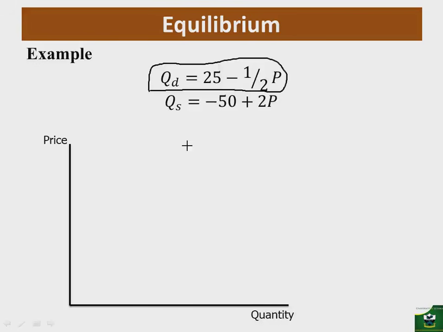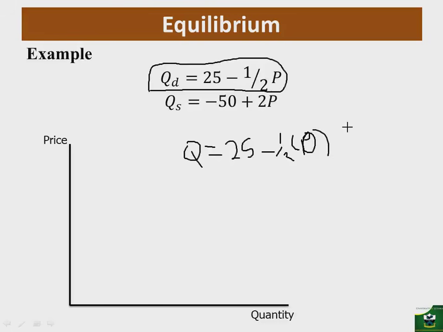So now we have our Q, which is equal to 25 minus half P. Where there's P here, remember we're saying it will be 0, so I'll put 0 here.